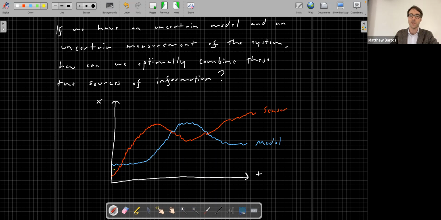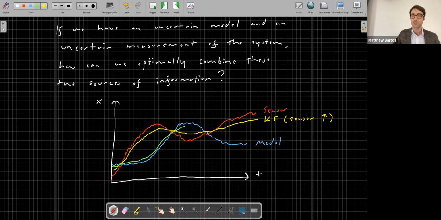So for instance, we might have an estimate produced by the Kalman filter like this, and let's say this is from Kalman filtering, and this is putting more weight on the sensor. Similarly, we might have an estimate like this that is putting more weight on the model.